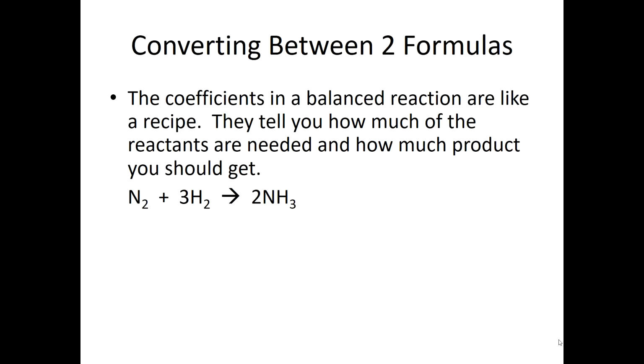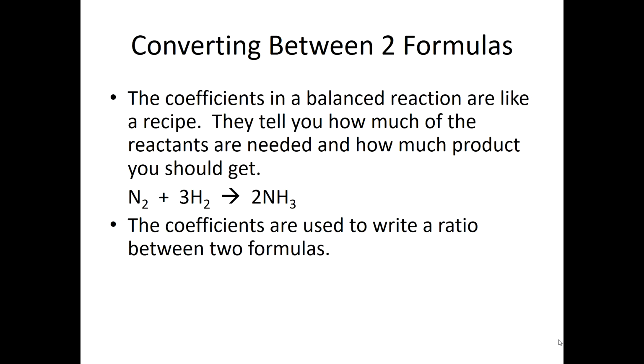So if there's not a coefficient, in the case of nitrogen, we assume that's 1 mole of nitrogen. Now these coefficients are going to be used to write a mole ratio between the different formulas.